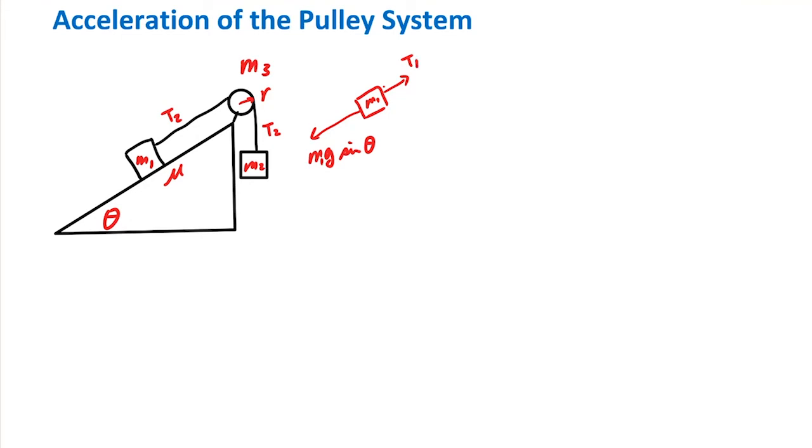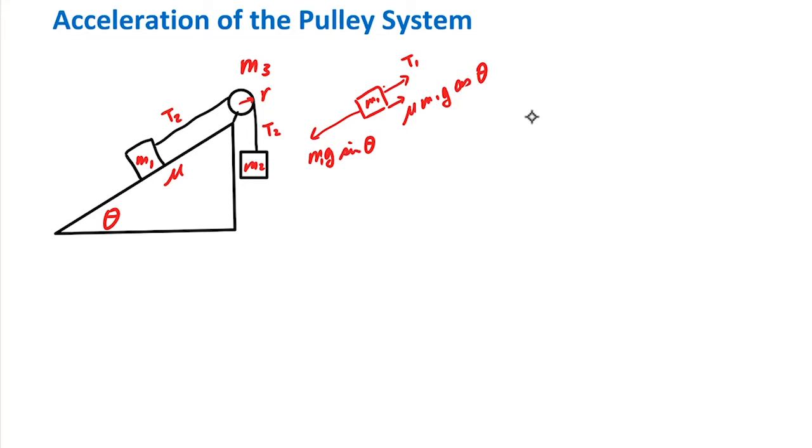So we have to call this T1. And then a little bit of friction, right? That is, of course, mu m1g cosine theta is what we got. Good?